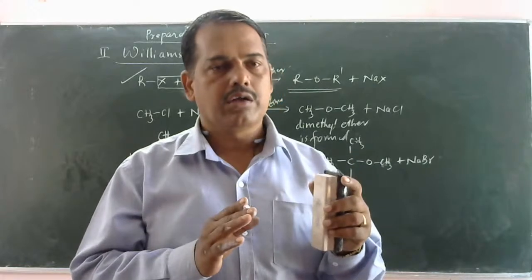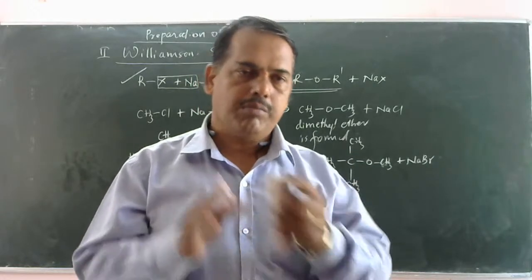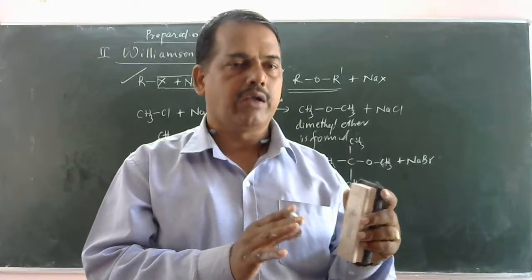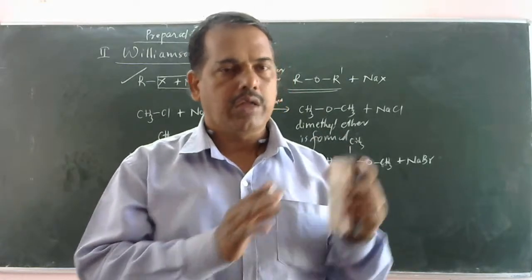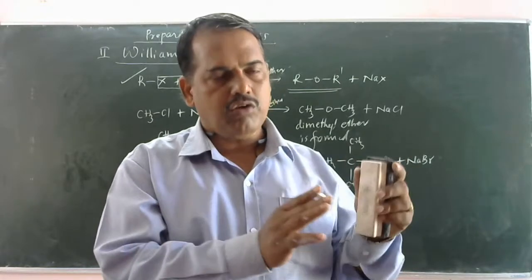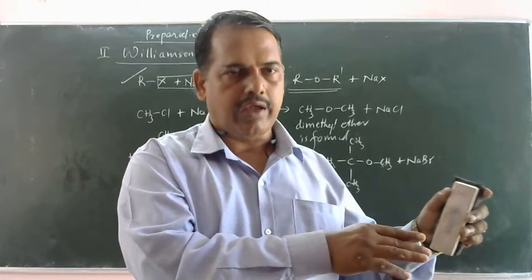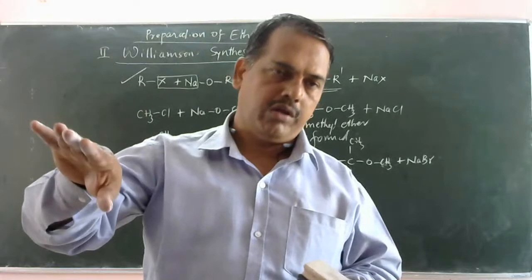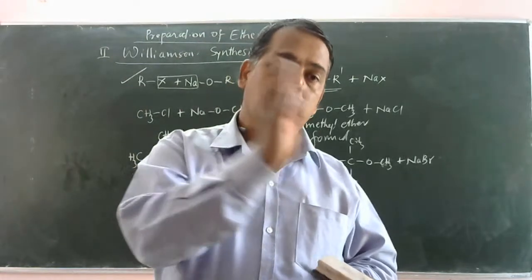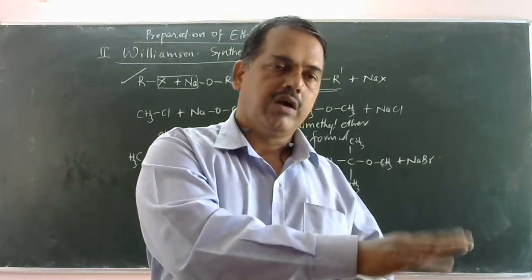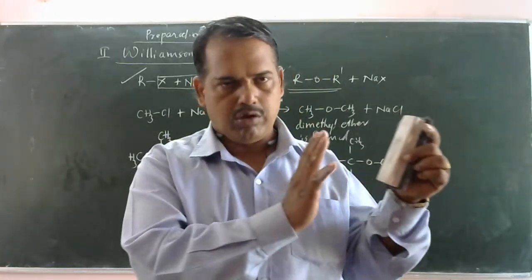See, ethers can form hydrogen bonds due to the presence of the oxygen atom. But in haloalkanes, the boiling point is less. As you compare haloalkane or alkane, the ethers show a higher boiling point than the respective haloalkane or hydrocarbon of similar molecular mass.